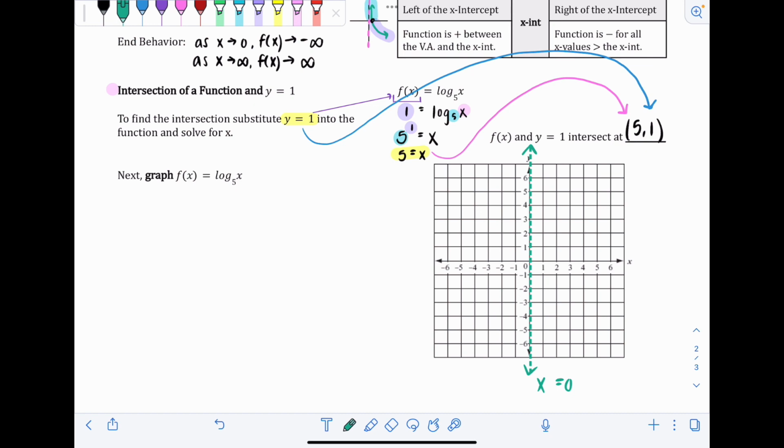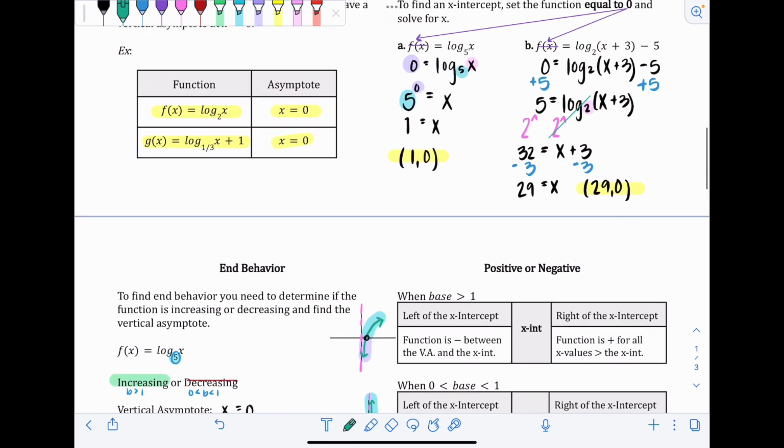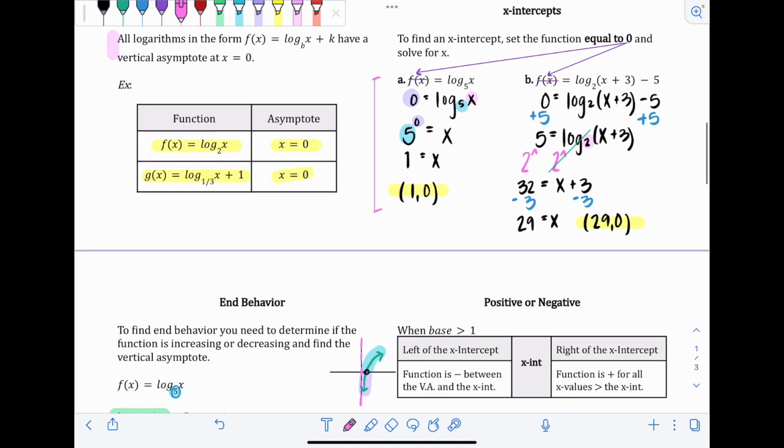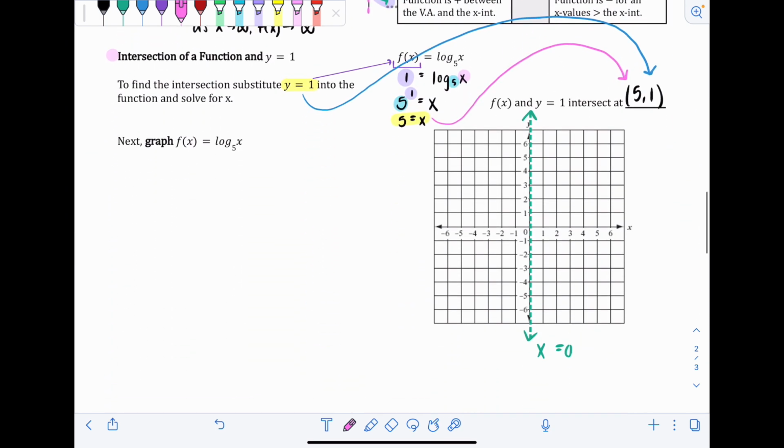And then I'm going to go back up to the x-intercept that we found. We did find the exact x-intercept of log base 5 of x. It was 1, 0. So that's going to be the first point on our graph. So we'll put a point at 1, 0 right here.